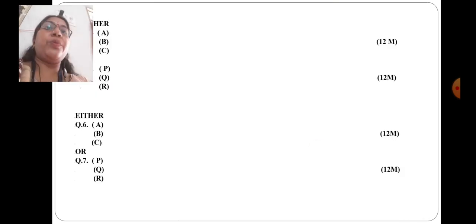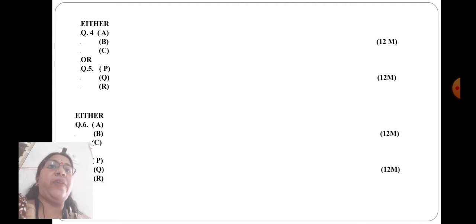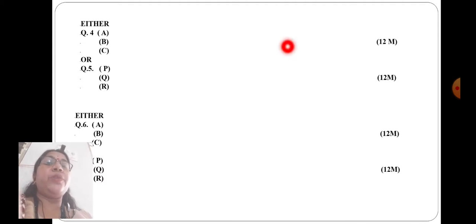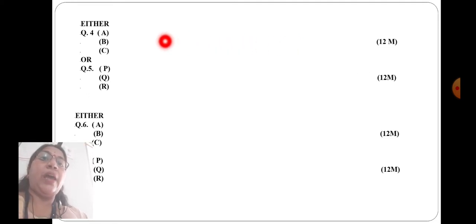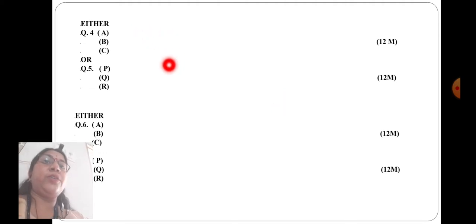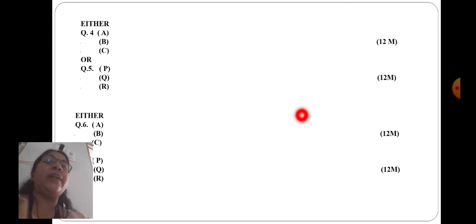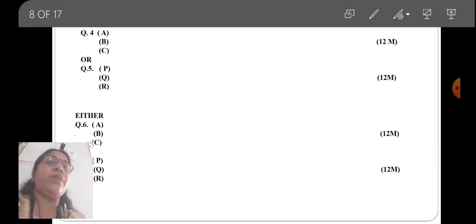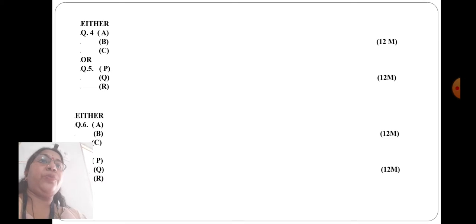Now see question number 4 and 5 here. Question numbers 4 and 5 are related to unit 2, meaning questions 4 and 5 will be asked from unit 2. Question number 4 is the either question and question number 5 is the or for question 4, and that is from unit 2.